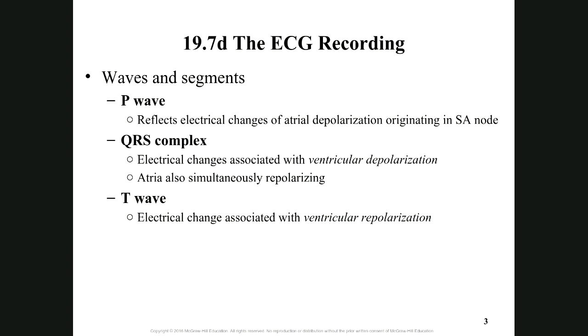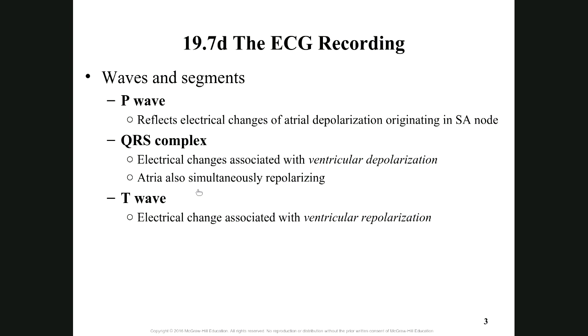So, as I told you, the P wave reflects all electrical changes of atrial depolarization, which originate in our sinoatrial node. The QRS complex is the electrical changes associated with ventricular depolarization, and at this time the atria automatically go to repolarization.